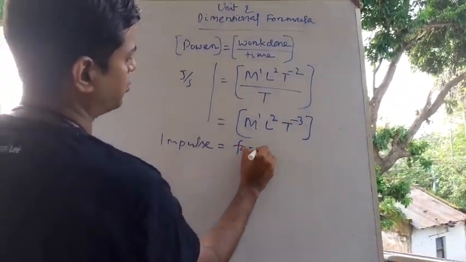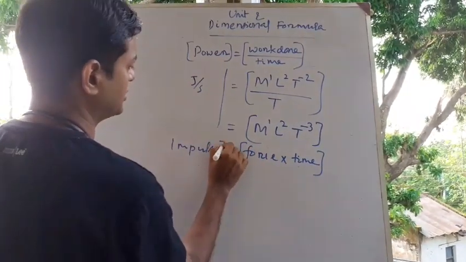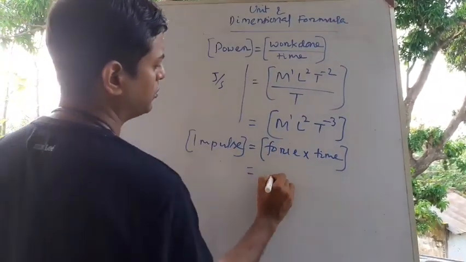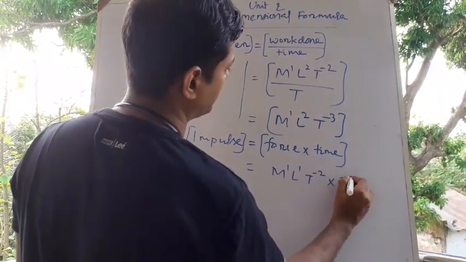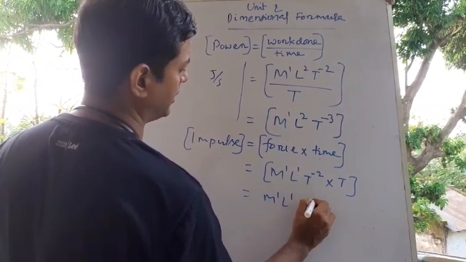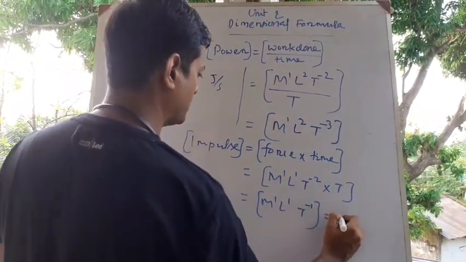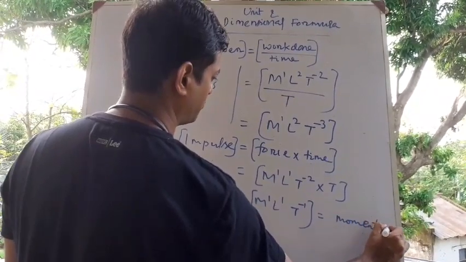Impulse is force into time. So since impulse is force into time, for force I am taking M1 L1 T minus 2, and for time I am taking T. This will be M1 L1 T minus 1, which is also the same as momentum. I have already discussed the dimensional formula of momentum.